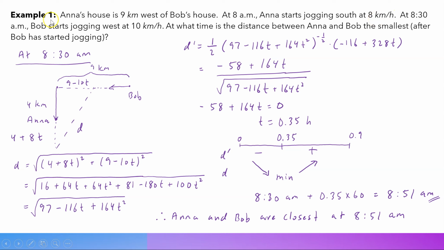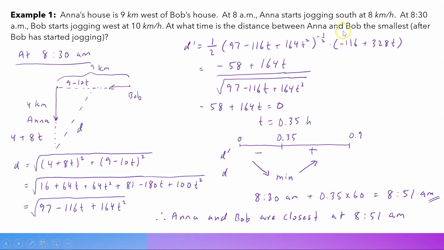At 8:30, Bob starts jogging west. And so that means that Anna has a head start. So if we draw the diagram for this situation, initially Bob is 9 kilometers away.